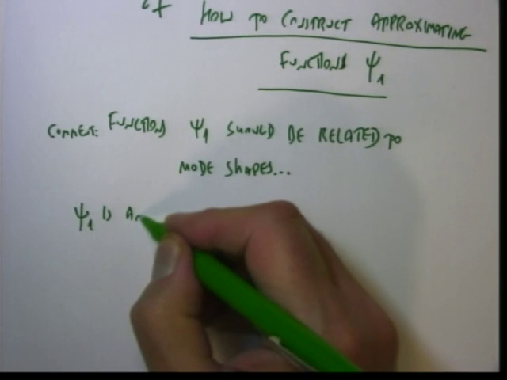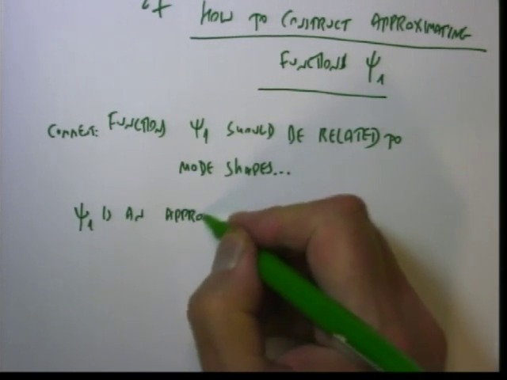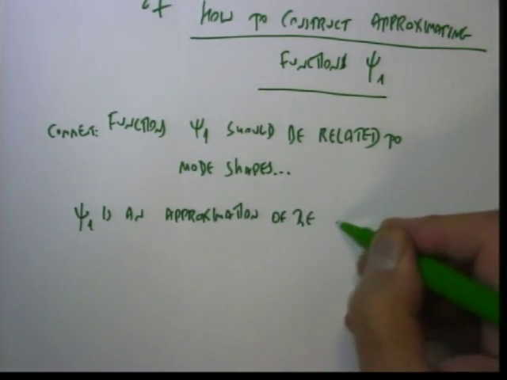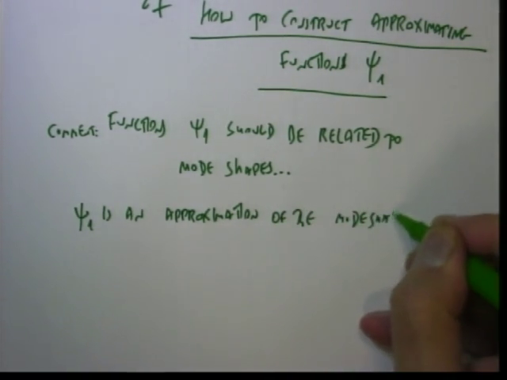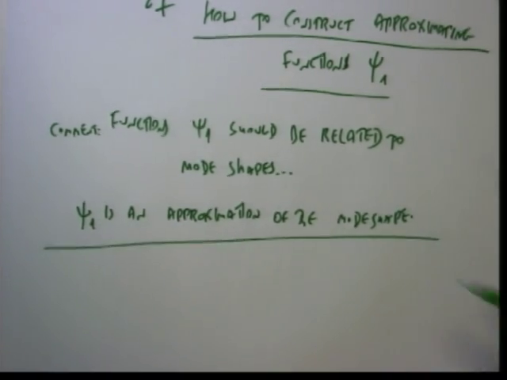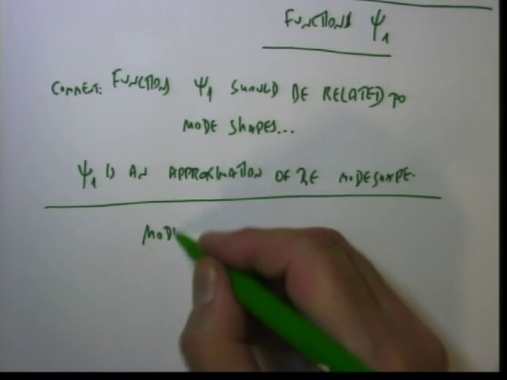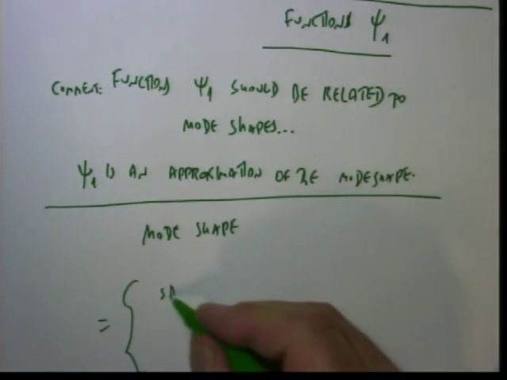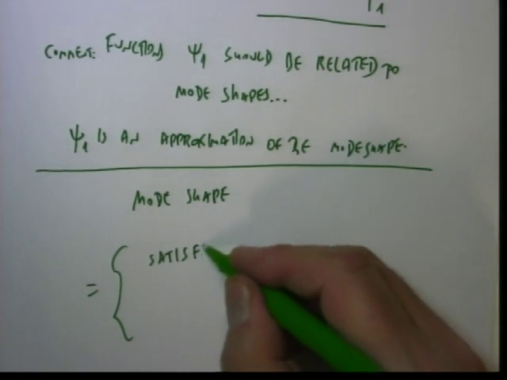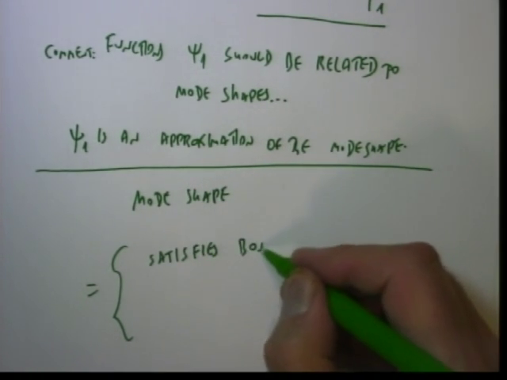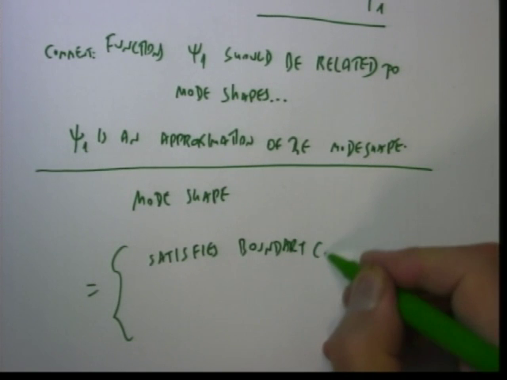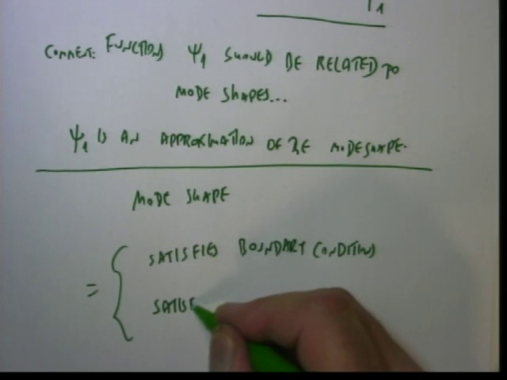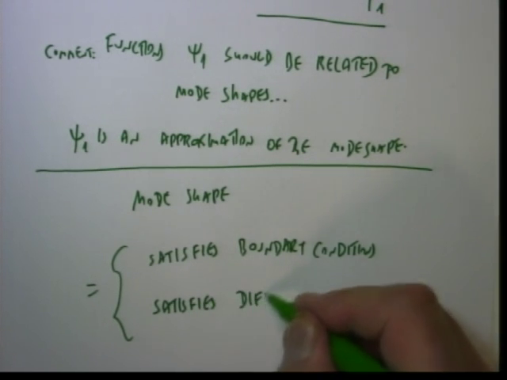Psi1 is an approximation of the mode shape. So mode shape, what does it do? Mode shape satisfies boundary conditions and it satisfies the differential equation.